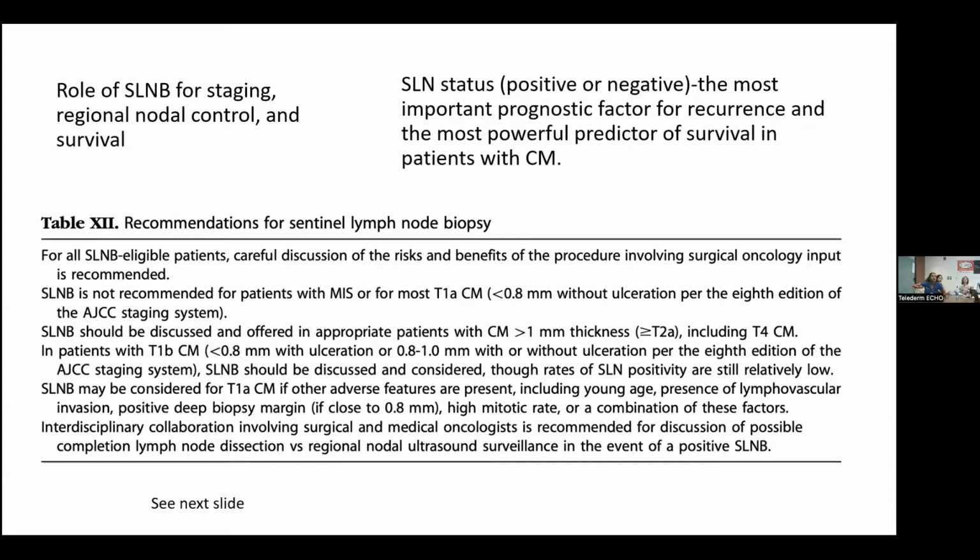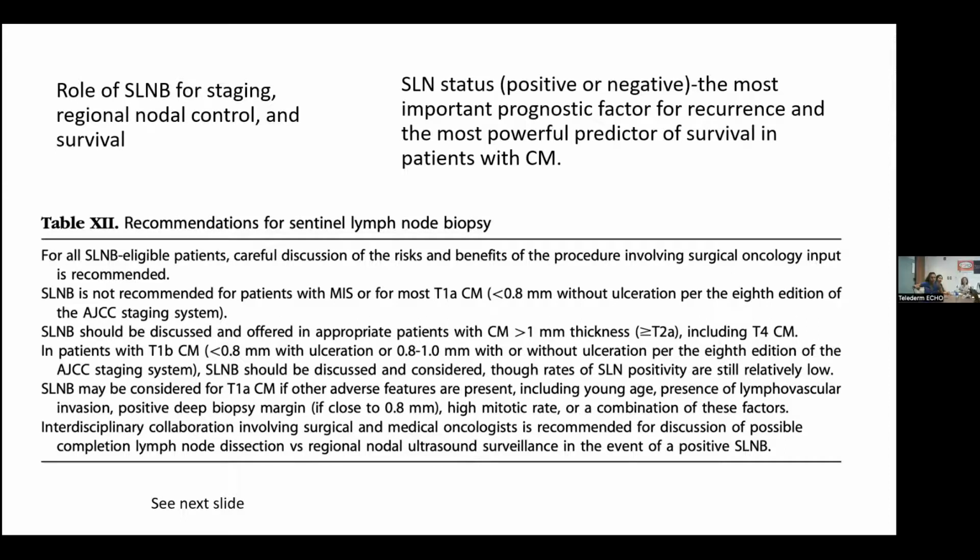But if you have a patient whose tumor is between 0.8 millimeter thickness to 1 millimeter thickness, that means T1B melanomas, then sentinel lymph node biopsy is suggested. So you should discuss sentinel lymph node biopsy with the patient. If your patient has T2A and above, that is tumor thickness above 1 millimeter, then definitely highly recommend sentinel lymph node biopsy.